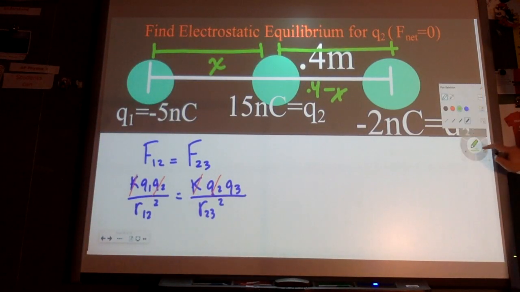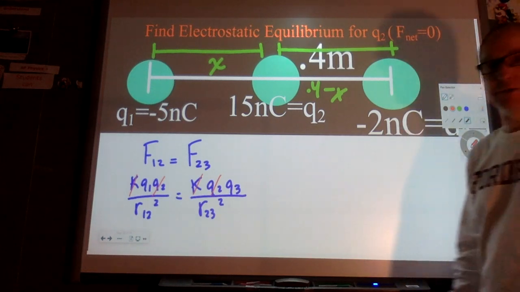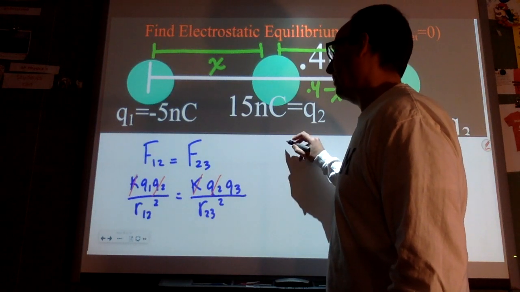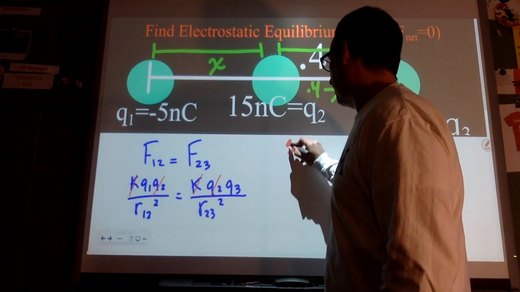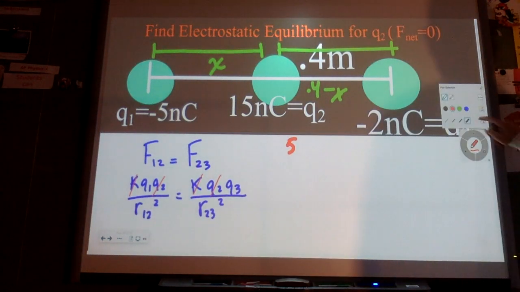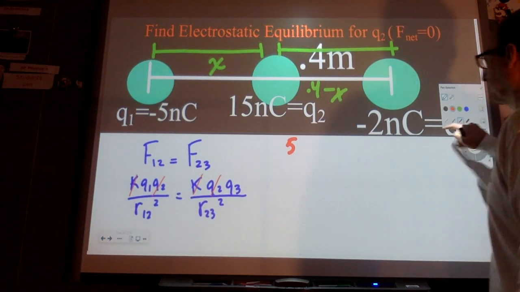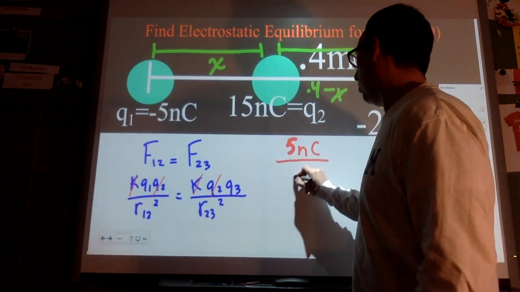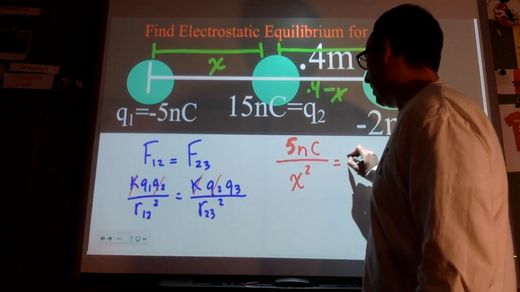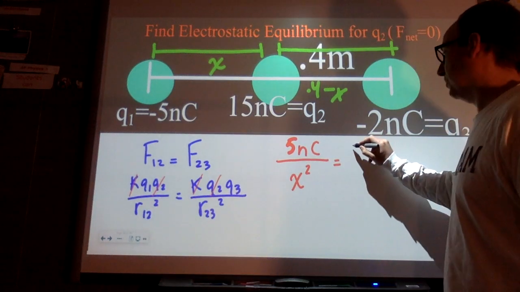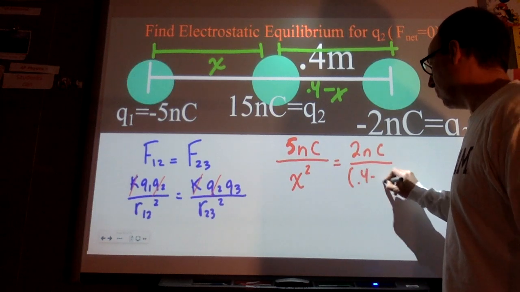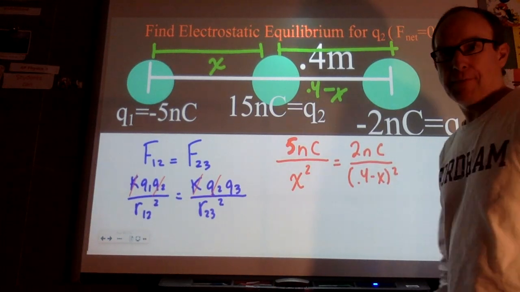All right, so I'm going to rewrite this with the values in there because I'm going to make this nastiness go away too. So I have Q1, which is going to be negative. I don't care. It's going to be 5 nanocoulombs over x squared is going to be equal to 2 nanocoulombs over 0.4 minus x squared.